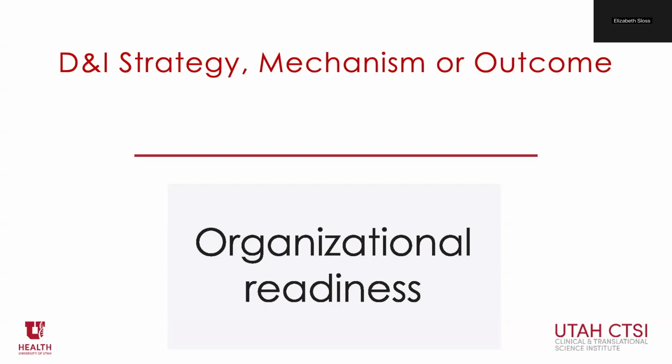What were you going to say? I think it could be a mechanism because you would have a strategy that is working through creating institutional readiness, which then leads to an outcome like adoption.